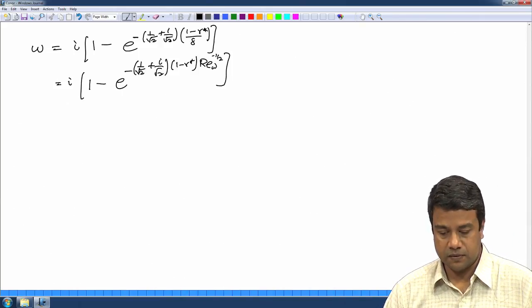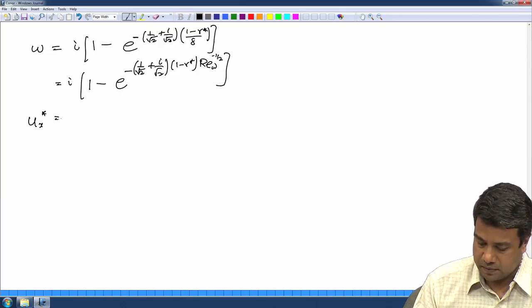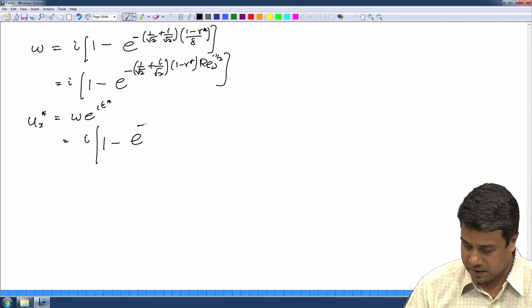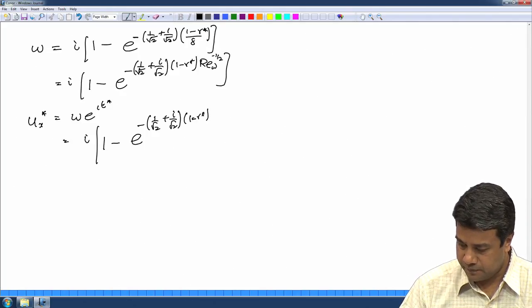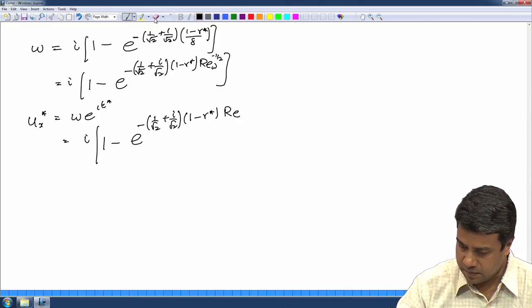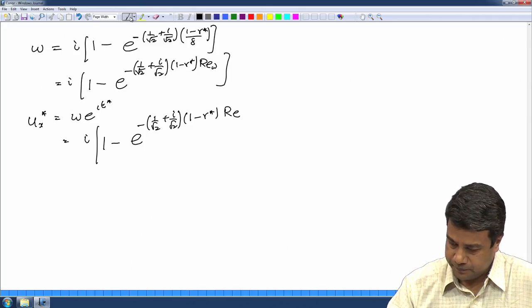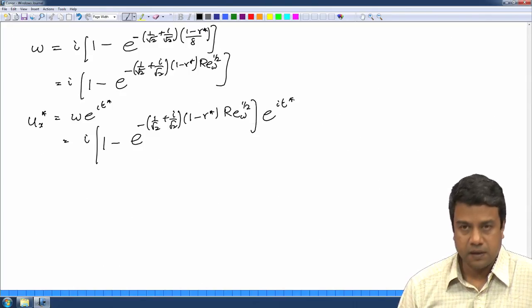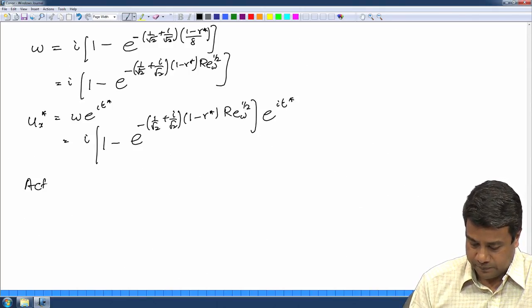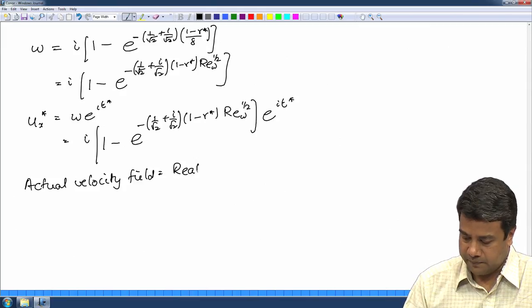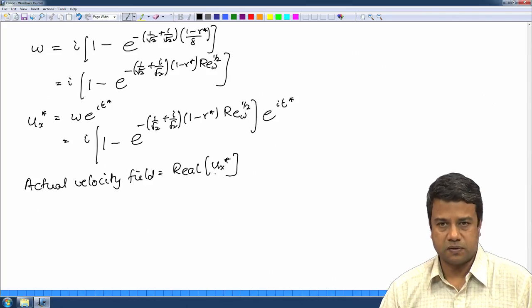So, that is w. u x star is equal to w e power i t star, equal to i into 1 minus e power minus, I am sorry, this should be Re power plus half, e power i t star, and the actual velocity field is just equal to the real part of u x star. So, that is going to be the actual solution for the velocity field.